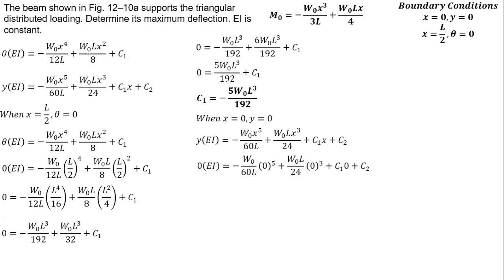Substitute natin yung given na condition. So 0 times EI is equals to negative W0 divided by 60L times 0 raised to 5 plus W0 L divided by 24 times 0 cube plus C1 times 0 plus C2. Makukuha natin dito na value for C2 is equals to 0.